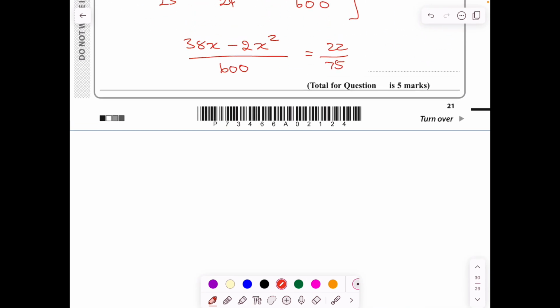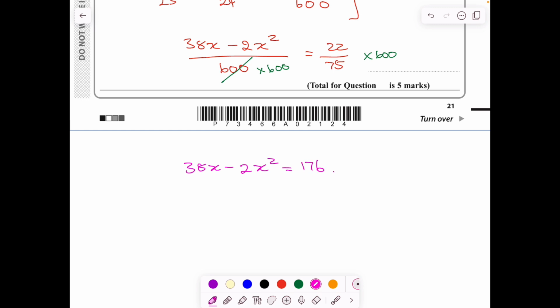Right, let's solve it. I'm going to multiply both sides by 600 to get rid of it here. And I end up with 38x minus 2x squared equals 176.